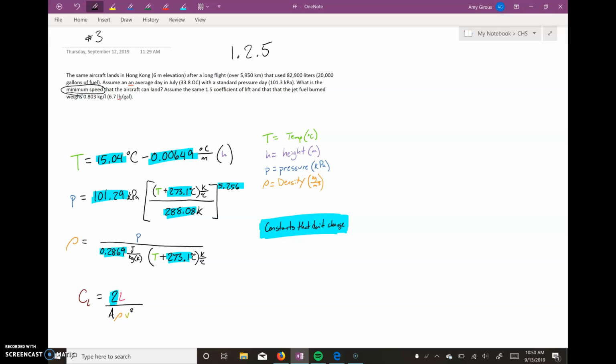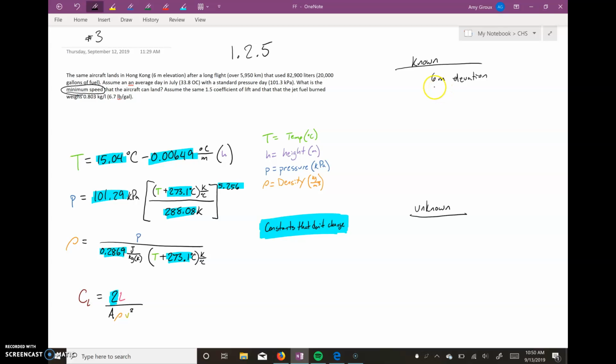So we want to start by marking down what we know. Over here, we're going to start our list of knowns, and we'll have unknown down here. From reading the question, the same aircraft lands in Hong Kong, at 6 meters elevation, after a long flight.